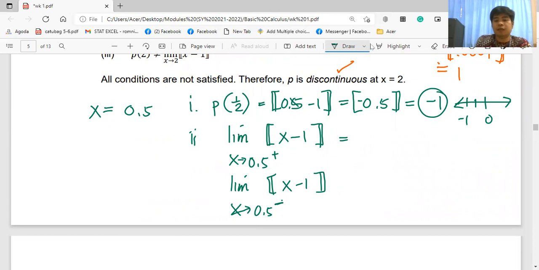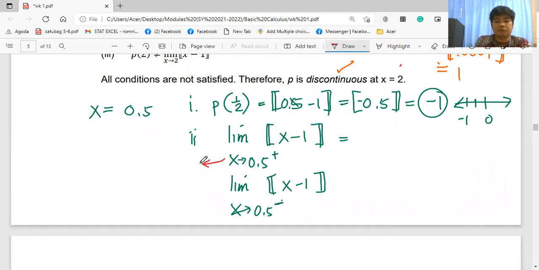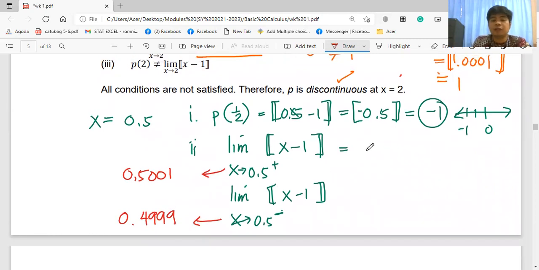Now we can assign numbers to this. Right of 0.5, let's have 0.5001, very close to the number. Left of 0.5, we can have 0.4999. Let's have the substitution. We're doing this just to check what happens to the limit if we get values very close to 0.5 from either side.